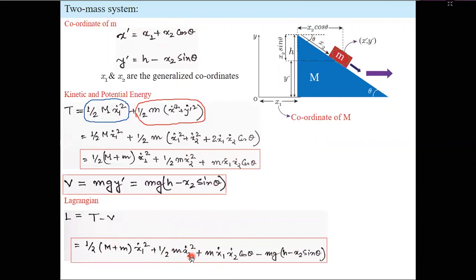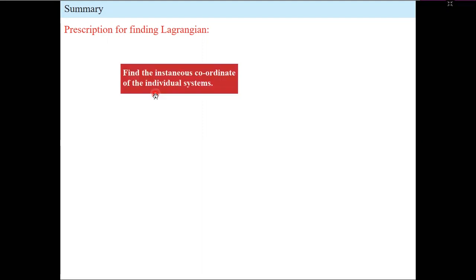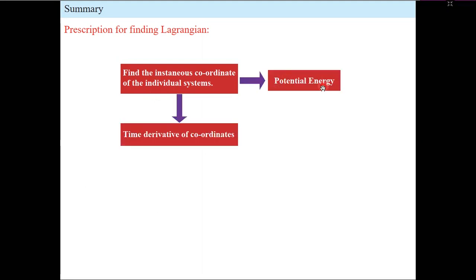Now we want to summarize our entire slides. So let's go to the summary. If I want to summarize these entire slides, one thing we can say is that we have figured out a prescription for finding the Lagrangian. And what is that prescription? If we split it into steps, the first step is to find the coordinates of the individual systems, and that step will lead us to the potential energy.